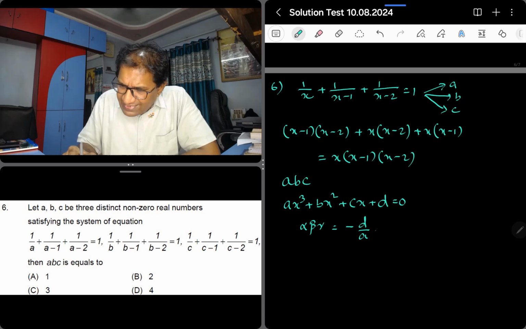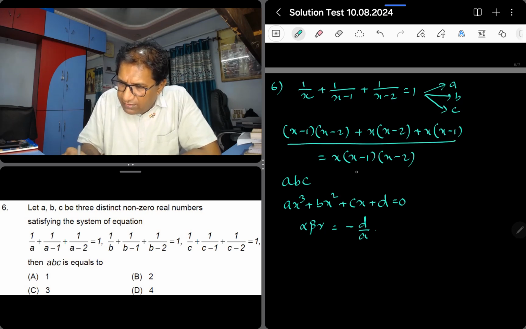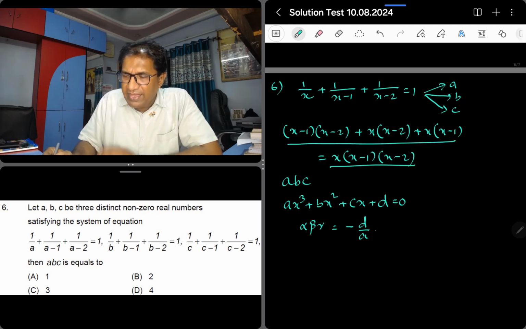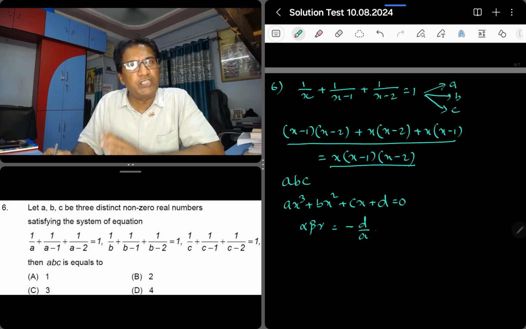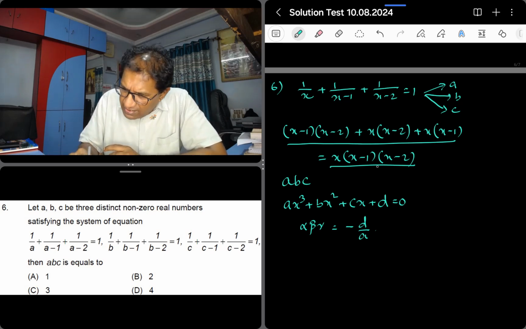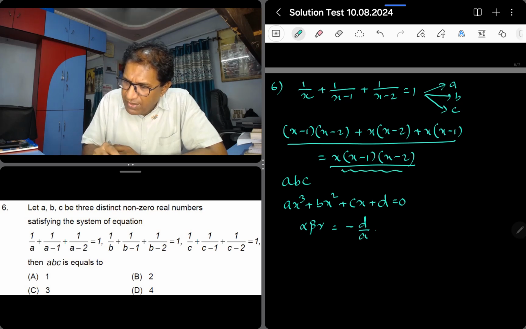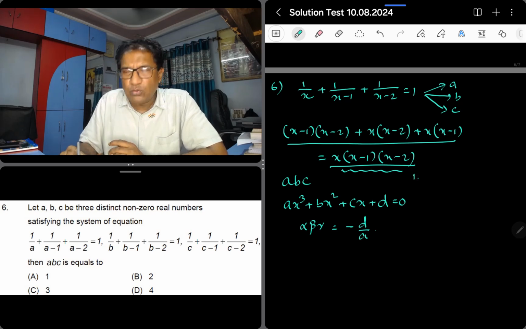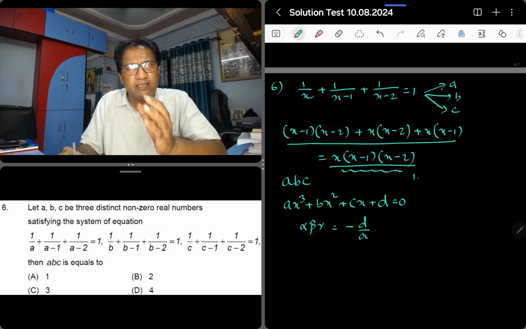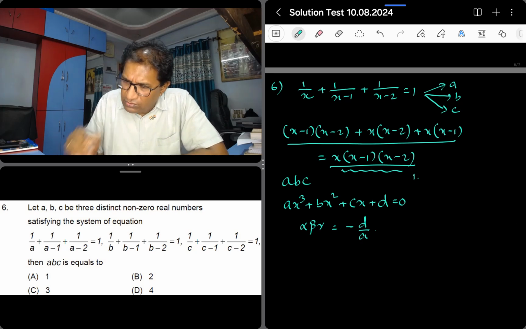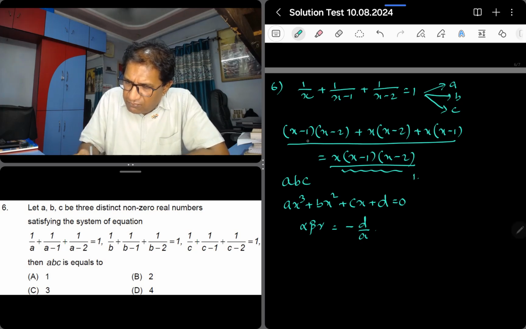Okay, so in this particular relation that we got, here we have to find out the coefficient of x cube, which is clearly, from this equation, we are going to have x cube from this expression and the coefficient will be 1. And we have to find out what is the constant term for this cubic equation. And the constant term will obviously come from this part, which is nothing but only 2.